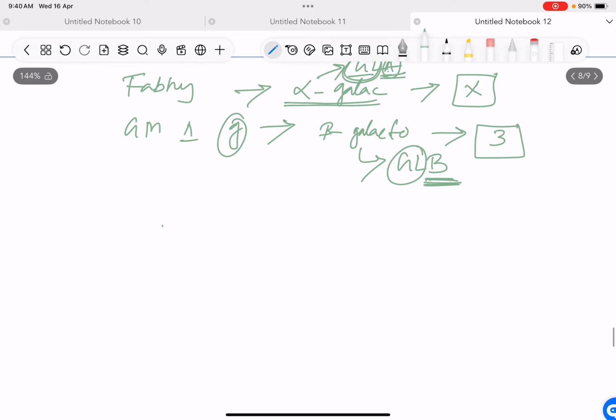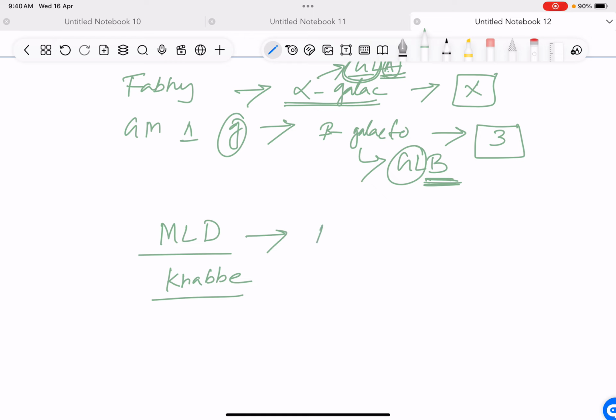Then metachromatic leukodystrophy, and the last one, Krabbe. MLD is due to arylsulfatase A. In short, the gene is written as ARSA. Krabbe's disease is galactocerebrosidase.